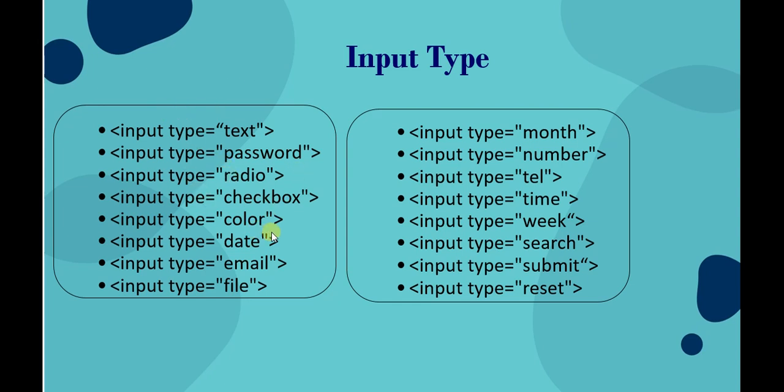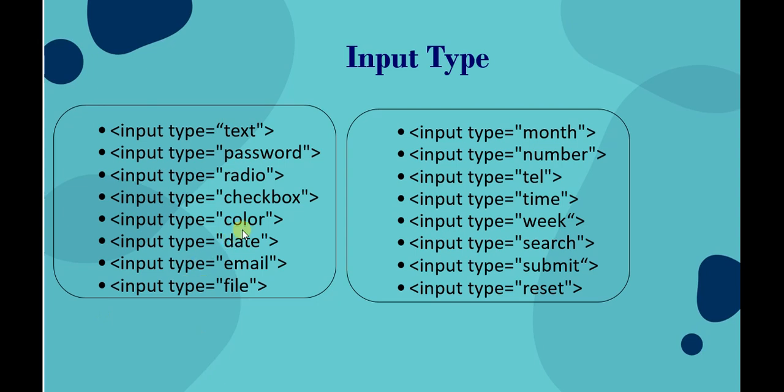Input type password means the input will not be visible to anyone, shown as dot representation or star representation. Then radio button, when you want to give 2 to 3 values and the user should select only one value. Checkbox, when the user wants to select multiple values.